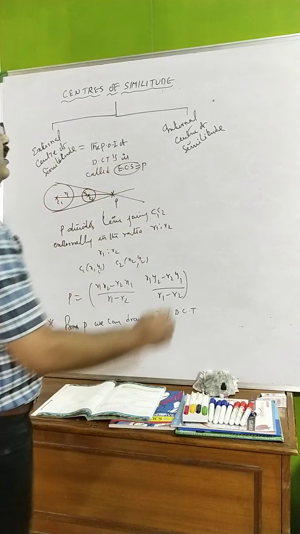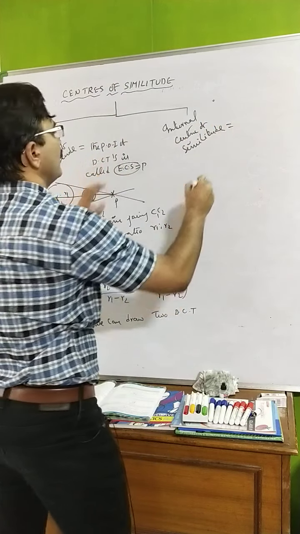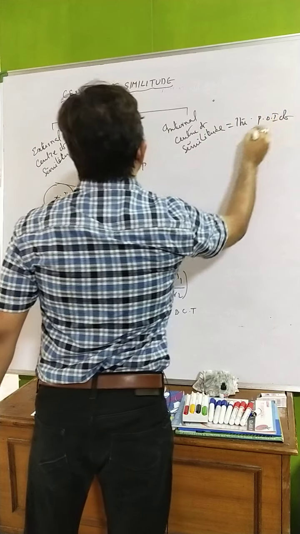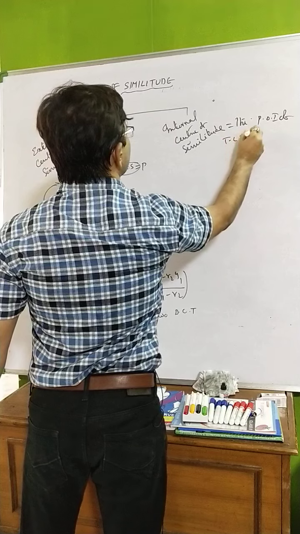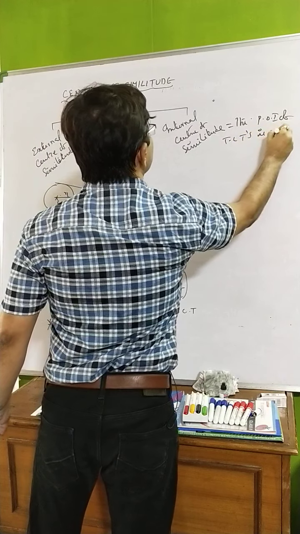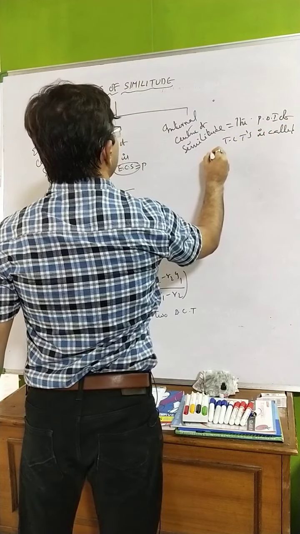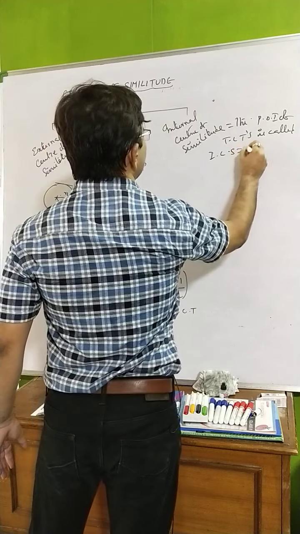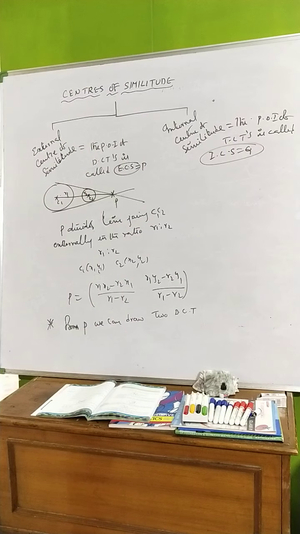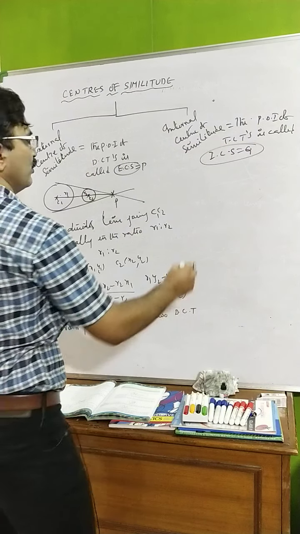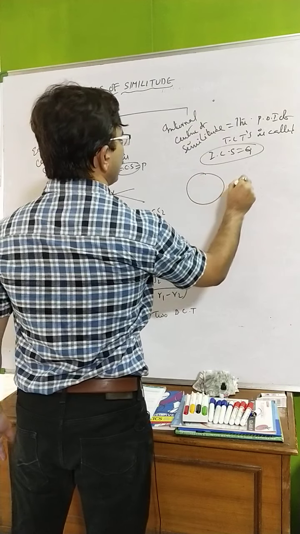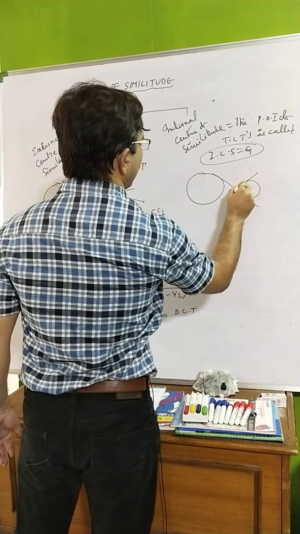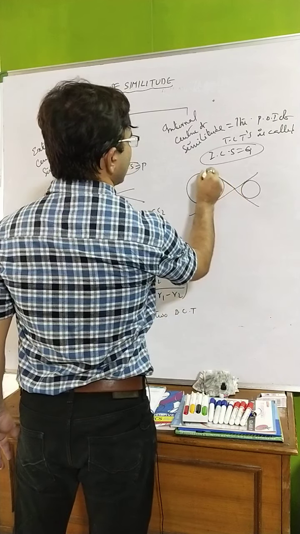Now in the same way, what is the definition of this one? Same thing. The point of intersection of TCTs is called internal center of similitude, ICS, which I would like to indicate with Q. See here, internal center of similitude is going to exist if both the circles are away from each other.